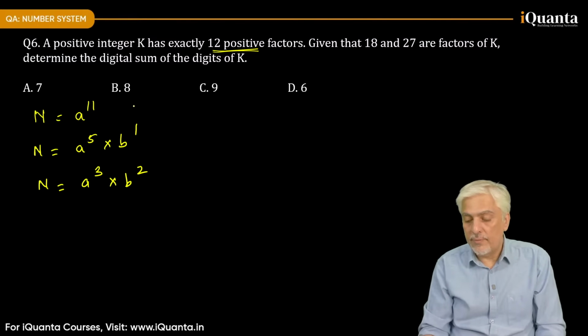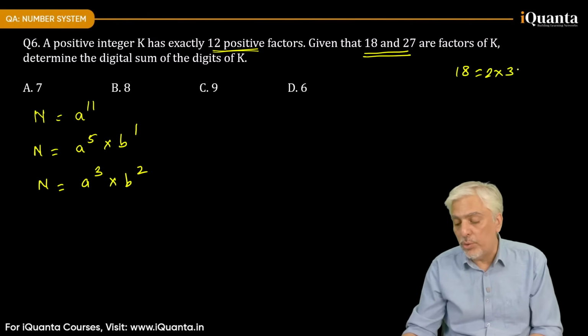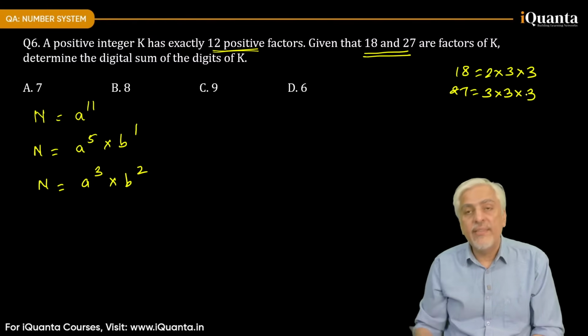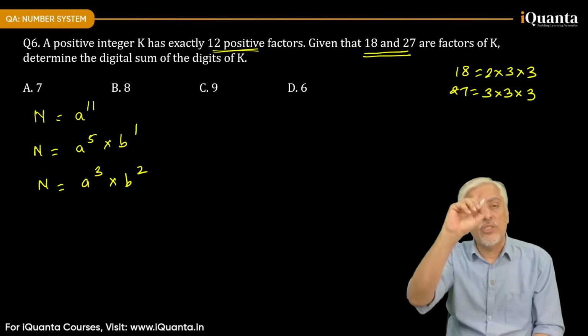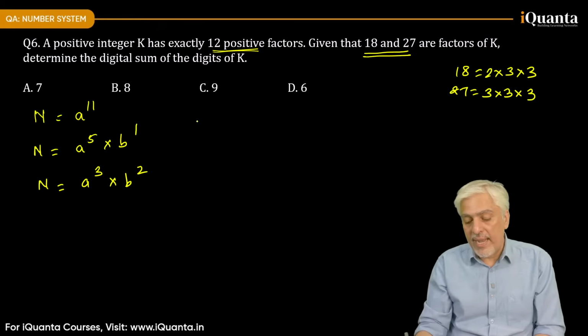Now, it has to be divisible by 18 and 27. Now 18 is 2 into 3 into 3 and 27 is 3 into 3 into 3. That means my number, now listen to this everybody, before you all solve, pay attention.